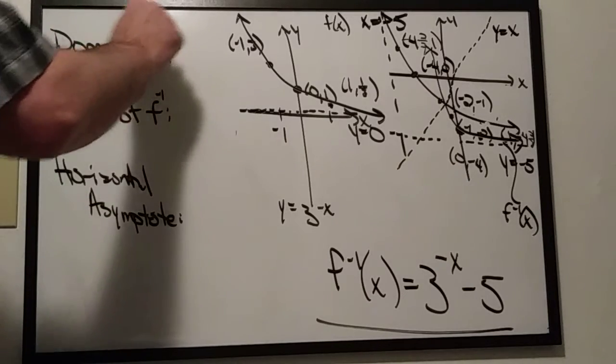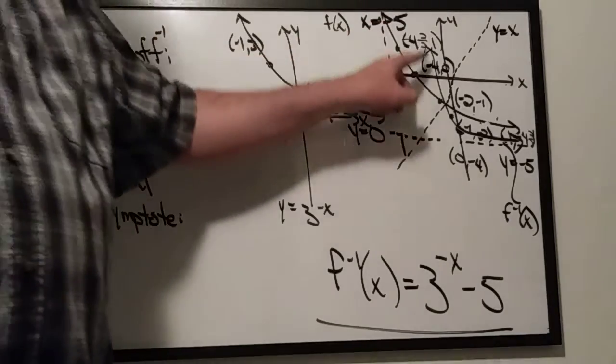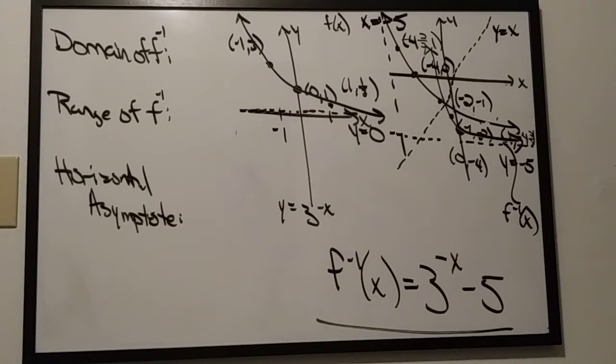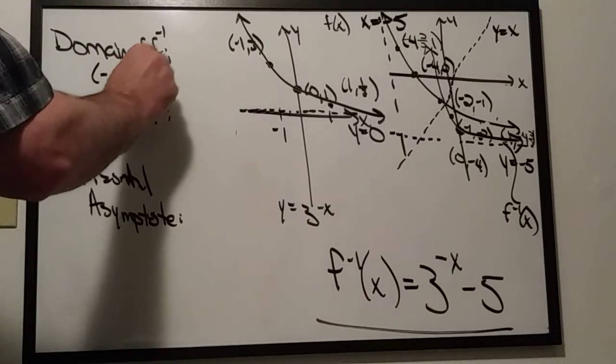So these should all be f inverses. So the domain of f inverse. Well, if we look at our graph of f inverse, this graph of f inverse goes forever to the left and it goes forever to the right. So the domain of f inverse is going to be all real numbers.